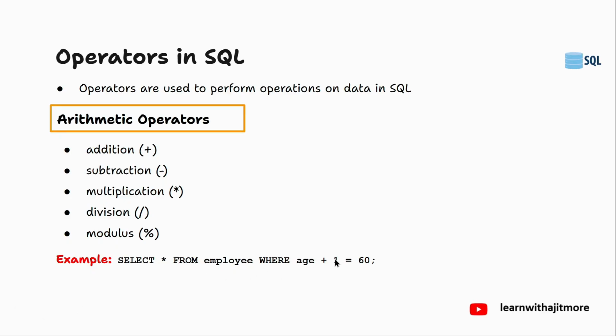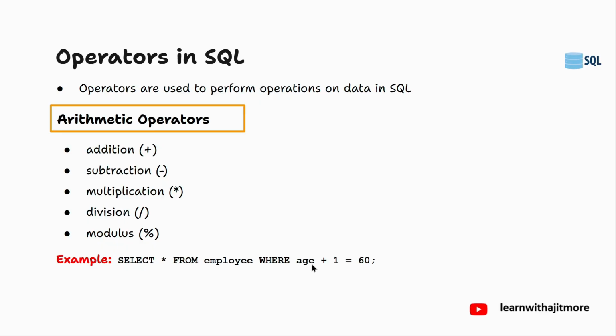Now this is one simple example where I've used an arithmetic operator in a where clause. Select star from employee where age plus 1 is 60. Means in my employee table, as many employees are there, I'm checking all those employees whose age plus 1 is going to become 60.